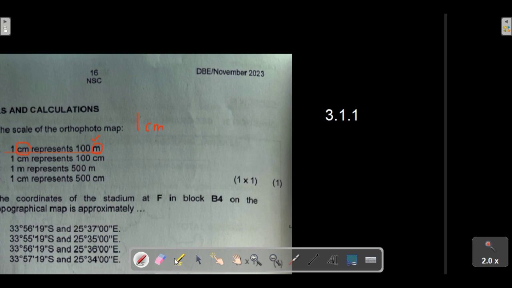So 100 multiplied by 100, we get 10,000 centimeters. In other words, this is saying to us 1 centimeter actually represents 10,000 centimeters.